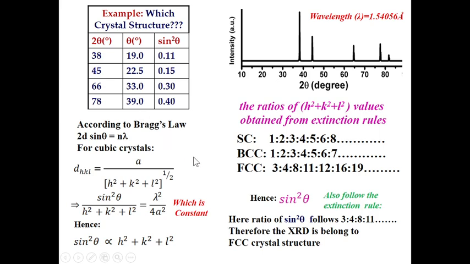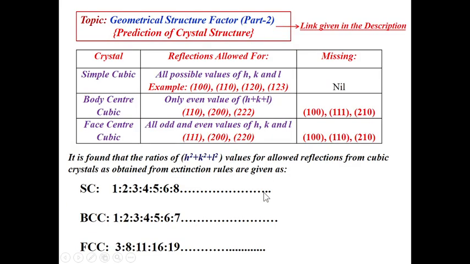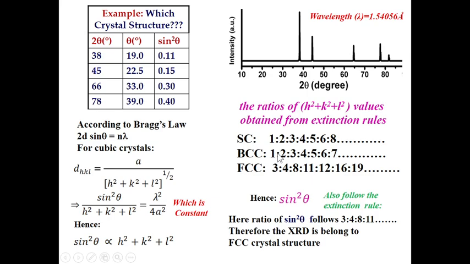I am going to give you the PDF of this slide in the description. You can download it and write the notes systematically. Just after this, write the considered example, draw this figure and the corresponding theta value according to Bragg's law, then write the ratio, then this one, then this one.